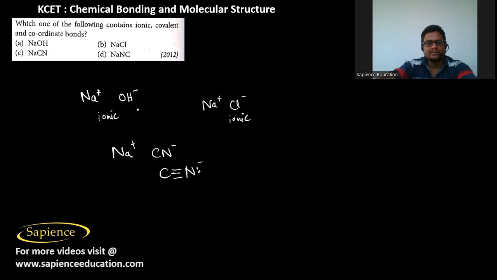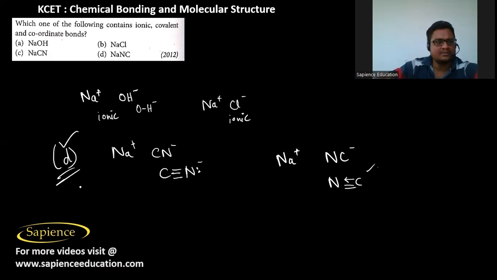And here also we have OH covalent bond there. And in NaNC, Na plus and NC minus. In NC minus we have got coordinate bond here. So option D is the correct answer.